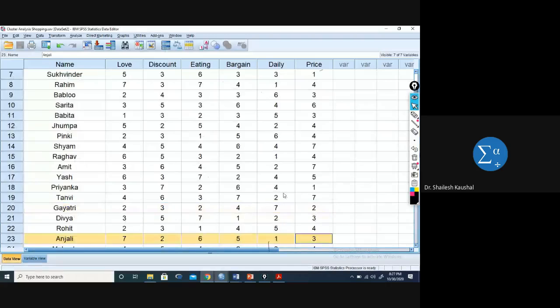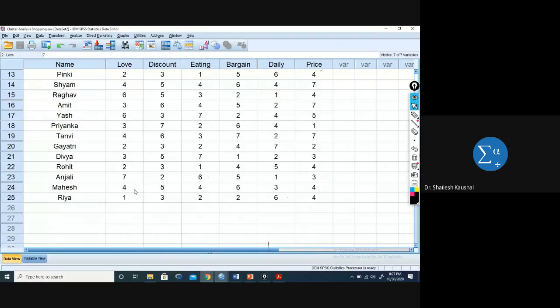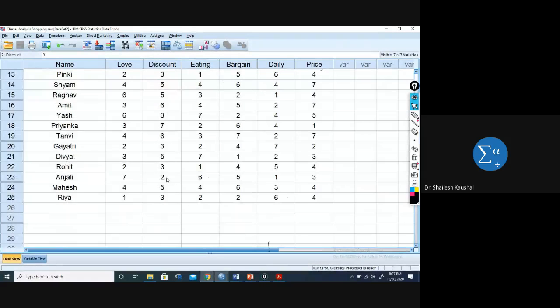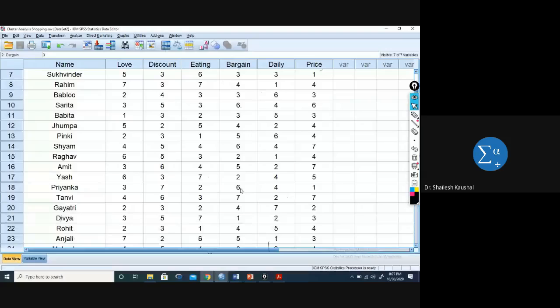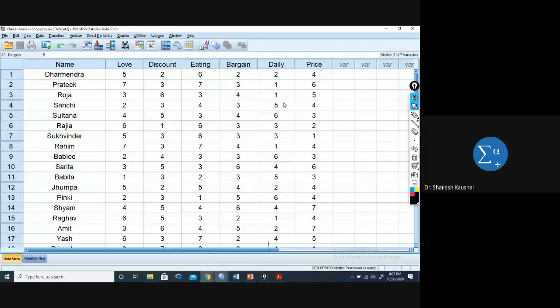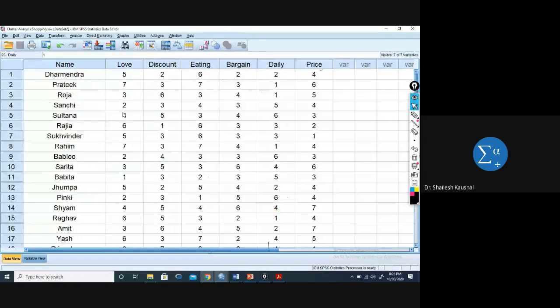Her score is similar to Pratik, because 7 here, 7, and for the second question 3, and for the third question 6, and 7, and for the fourth question 3. And he is giving 1 for the 6th question, she is also giving 1, means on all the questions.